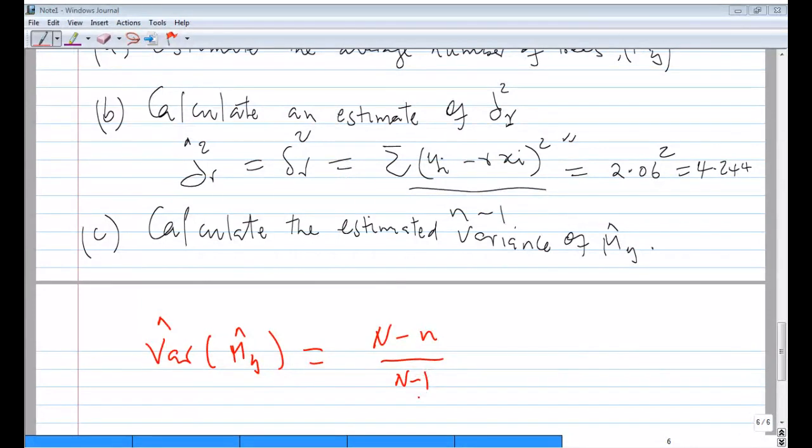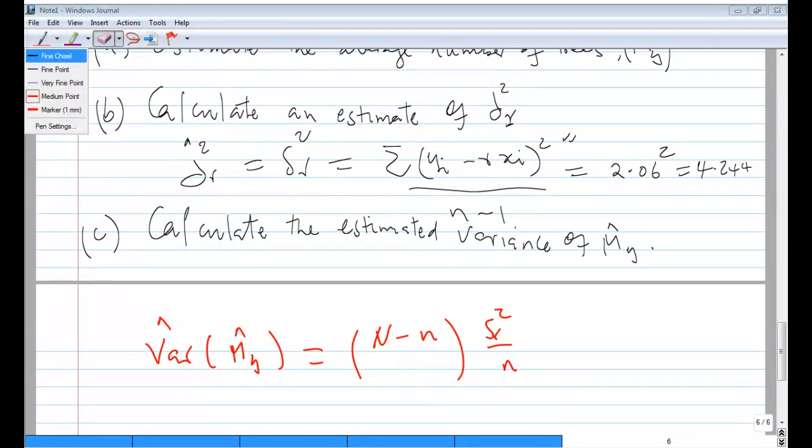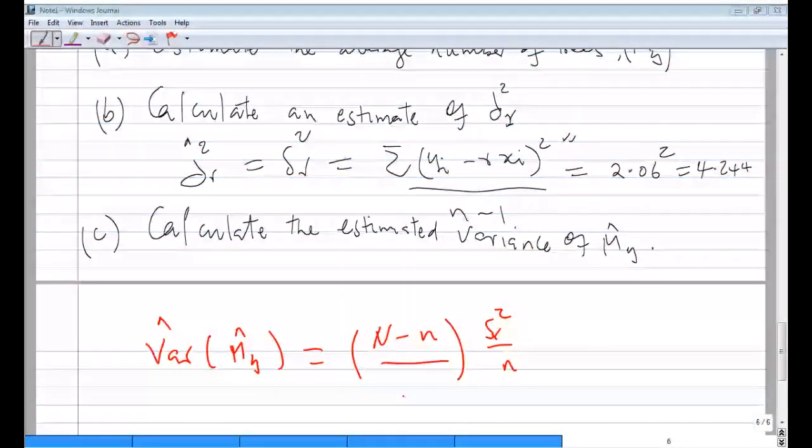Then times the estimated variance of the ratio. Why are you saying n minus 1 here? Oh, sorry, sir. It's not one, it's N. Thank you very much. So be careful.